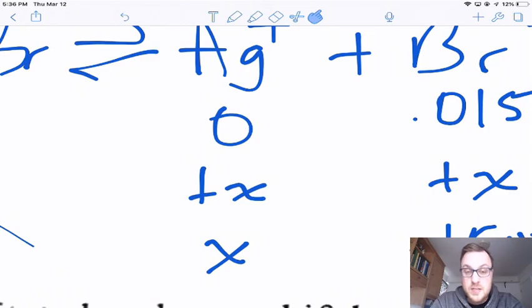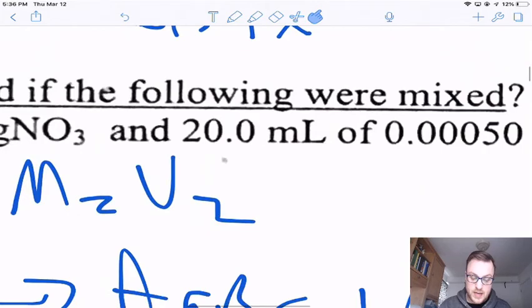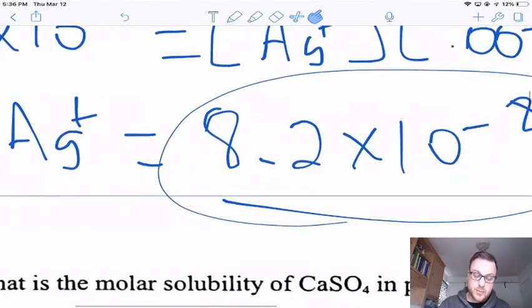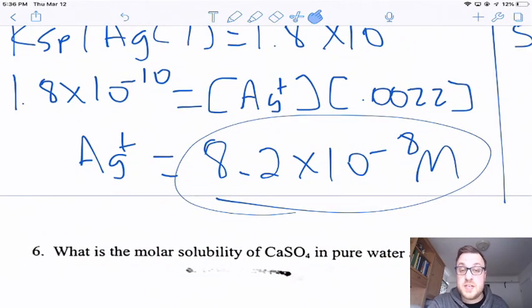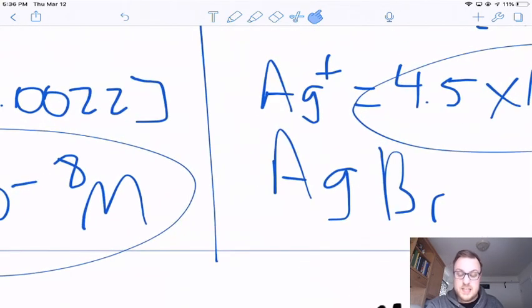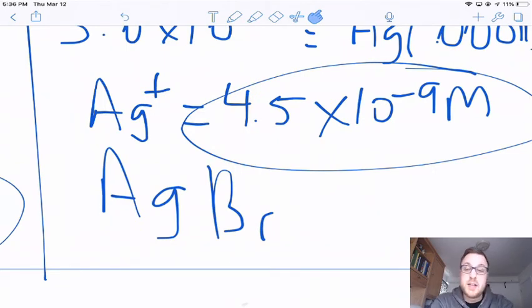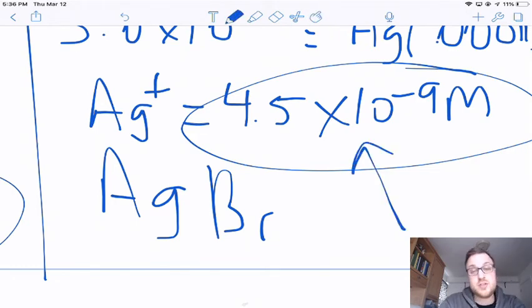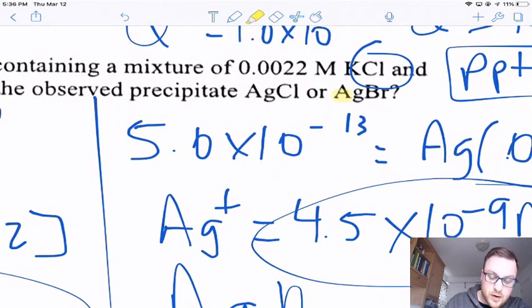Eventually, it will change by some amount and you'll end up at x. In the case of AgCl, we have an equilibrium concentration of 8.2 times 10 to the negative 8 molar. AgBr is about 10 times smaller. So since the molarity is smaller, you will reach the point of saturation for AgBr first, and therefore it will begin to precipitate before AgCl. So the correct answer here, the precipitate we would see, is AgBr.